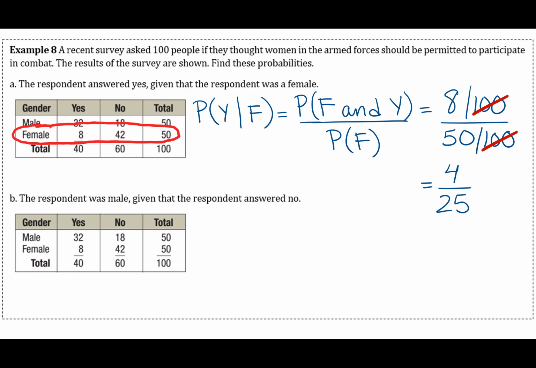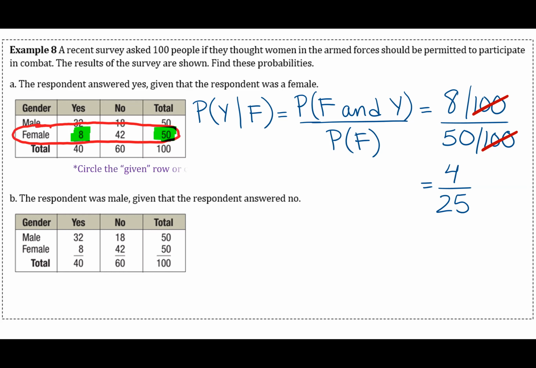Now, do you have to use that formula? No. You can more intuitively look at your table and figure it out in a quicker way. Here's how I would approach this question. We're looking for the probability that they answered yes, given that they're female. So zero in on what the given part is, whether it's a row or a column. Given that they're female, I just want to look at the female row.